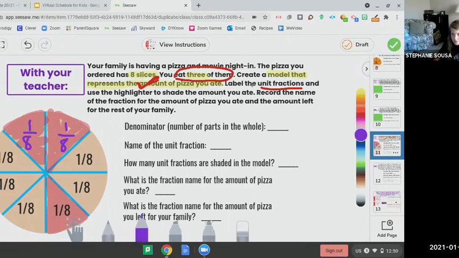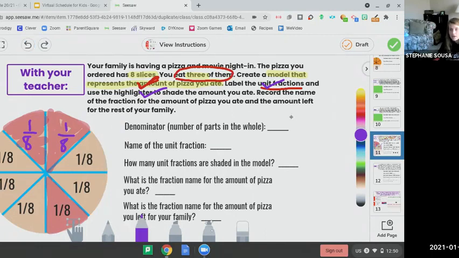Going back up to these really long directions, label the unit fractions. Done. Use the highlighter to shade the amount you ate. Done. I already did that. Record the name of the fraction for the amount of pizza you ate and the amount left for the rest of your family. That's all right here.